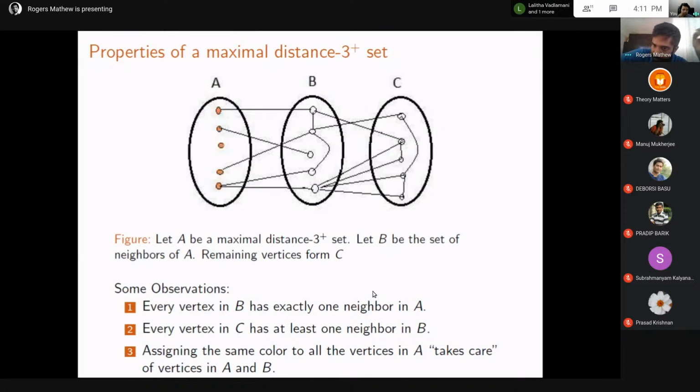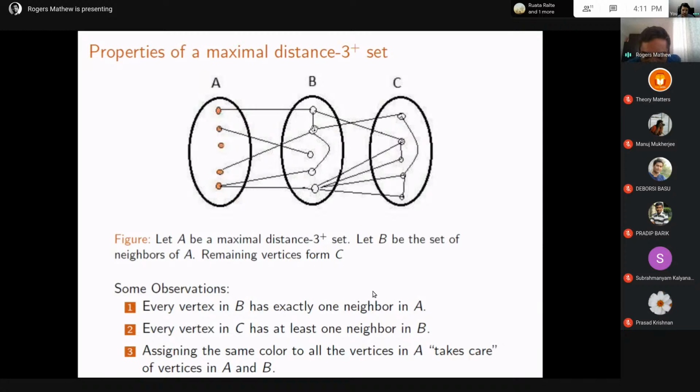But does it mean that each of these vertices will appear in a different hyperedge? I mean, the vertices which are colored with this new color can't form a neighborhood in themselves. Yeah, because even before we had colored them, let's say they were white in color. Let's look at this vertex at the top of B, if you can see my mouse pointer. It's seeing exactly one vertex with red color.